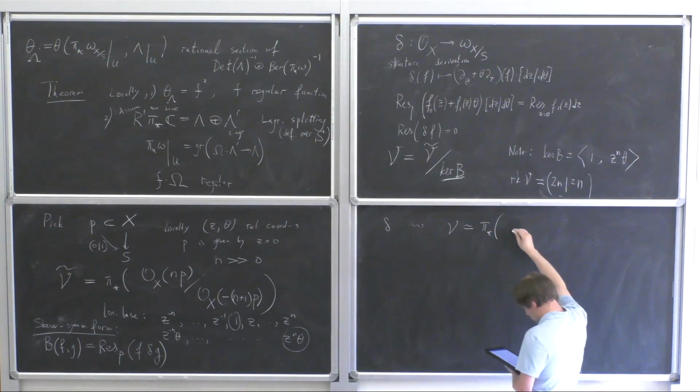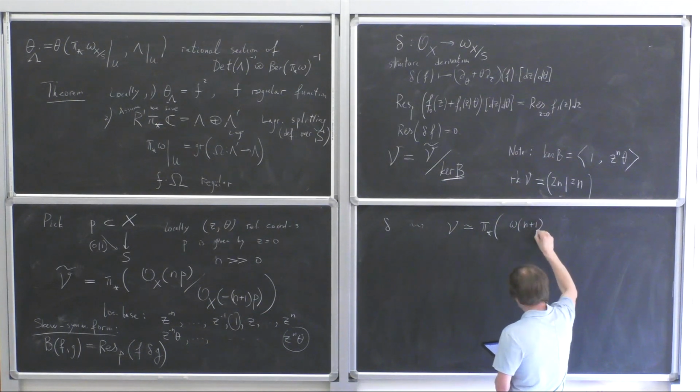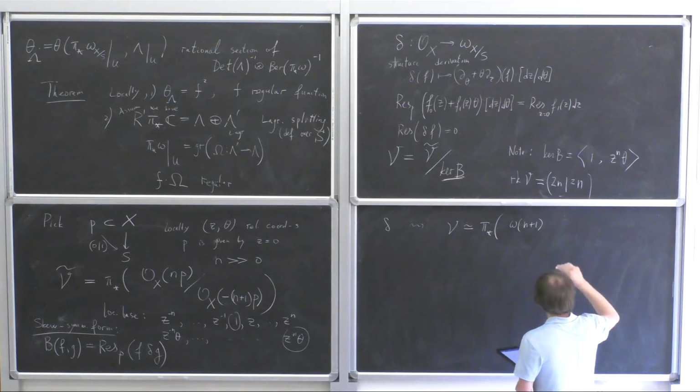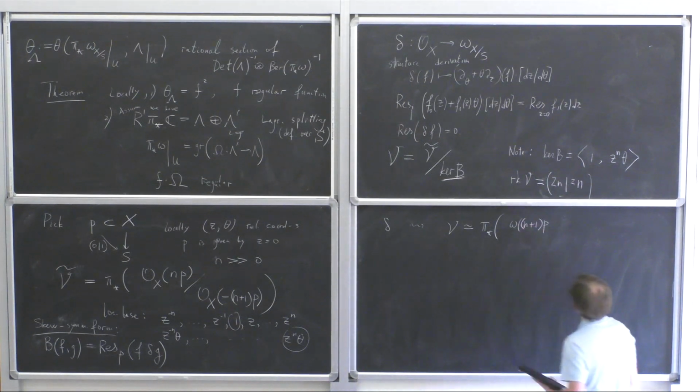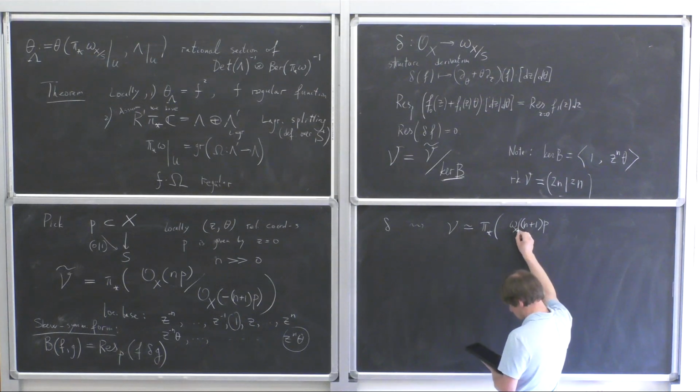So here we'll have sections of omega with poles of order at most n plus 1.